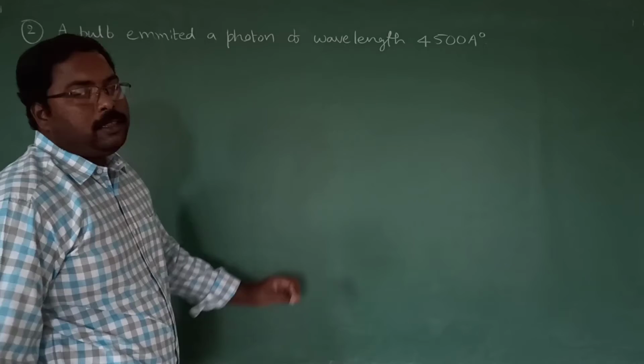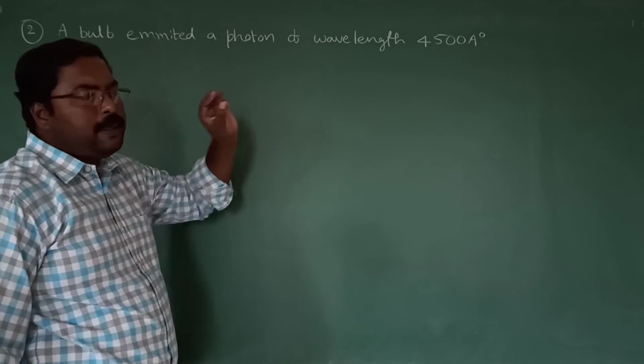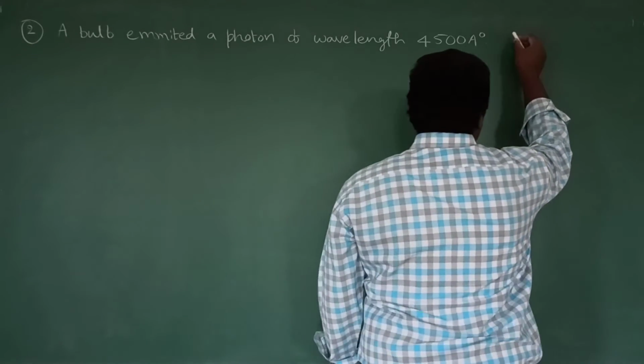The wavelength of the light radiation emitted from the bulb is given as 4500 angstroms.